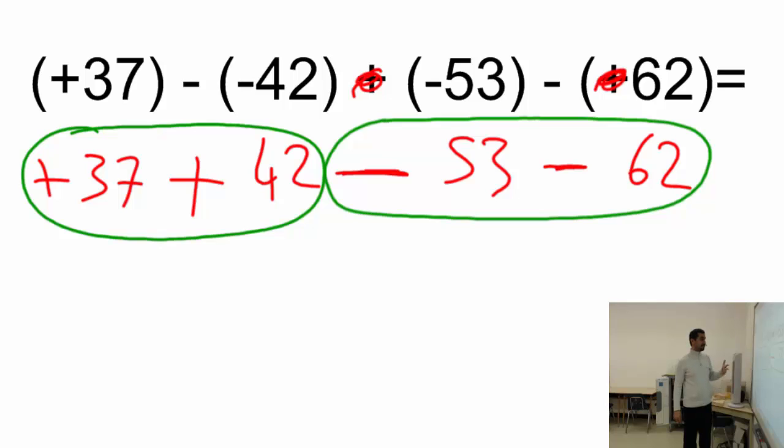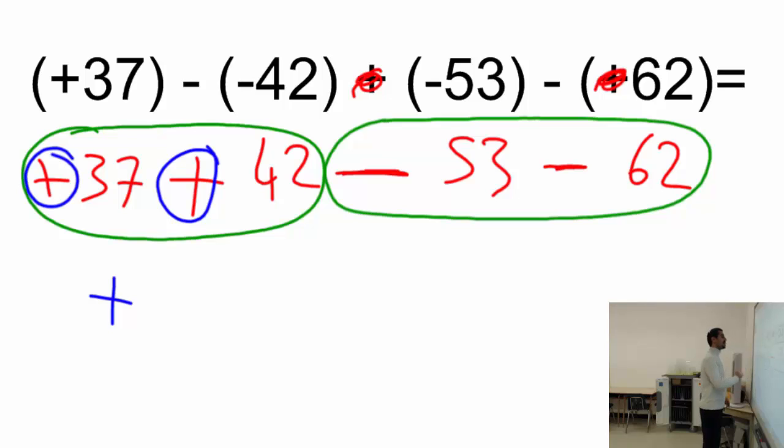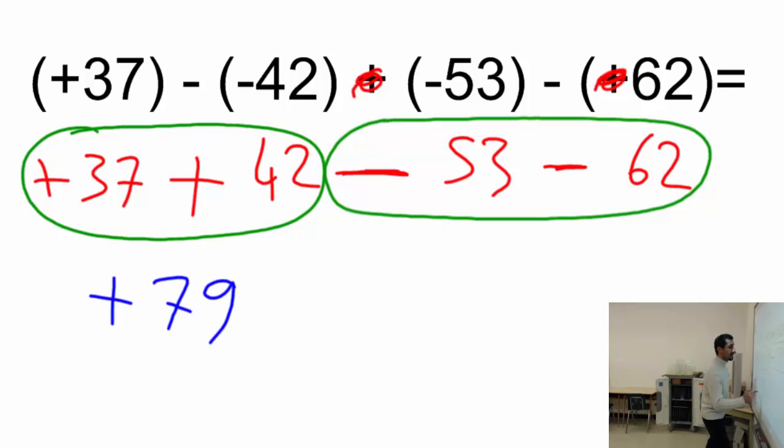So between the first 2 numbers, both of them are positive, so I know I'm going to have a positive sign here. The big number is 42, so you're going to have a positive sign here. And then the signs are exactly the same. So you will add the 2 numbers and you will end up with 79.